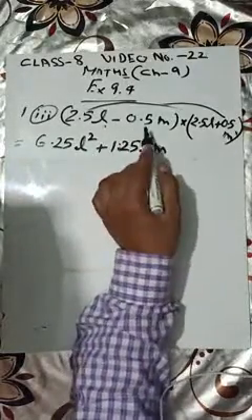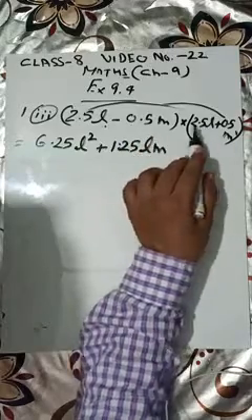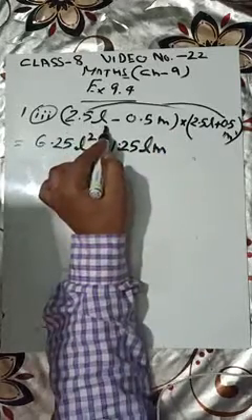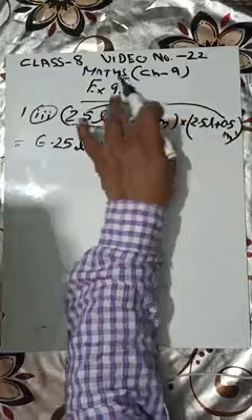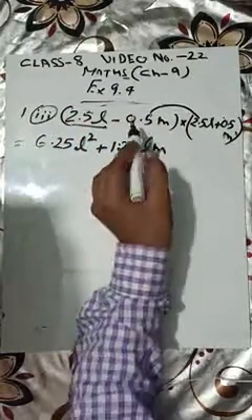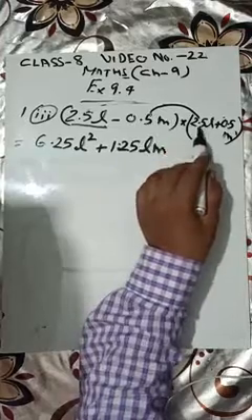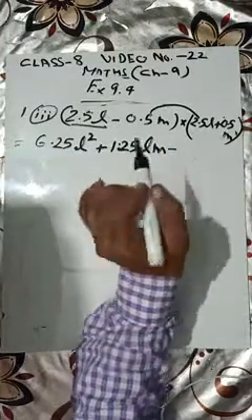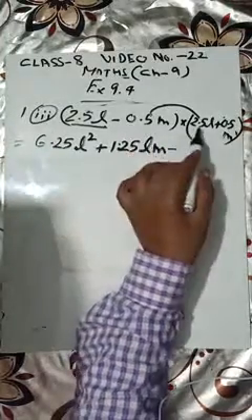Now the work of this is over. Now it's time for this. This is going to multiply with this, 0.5 and 2.5. This is minus, so the answer will be minus 0.5 times 2.5.